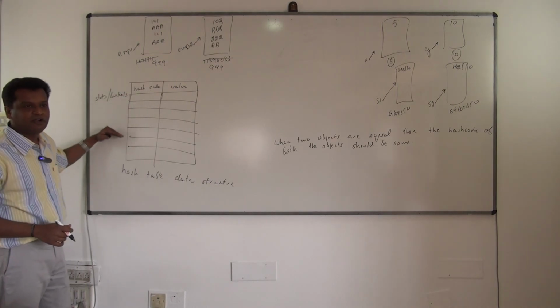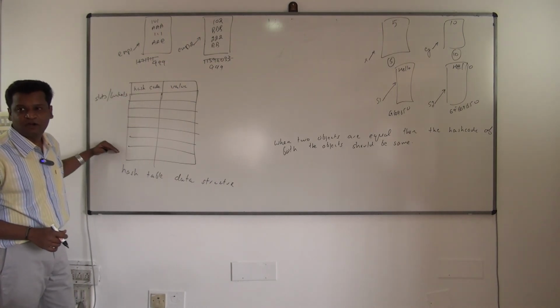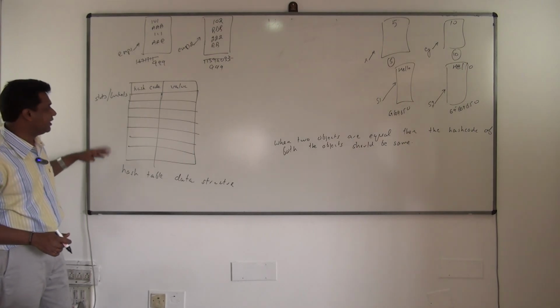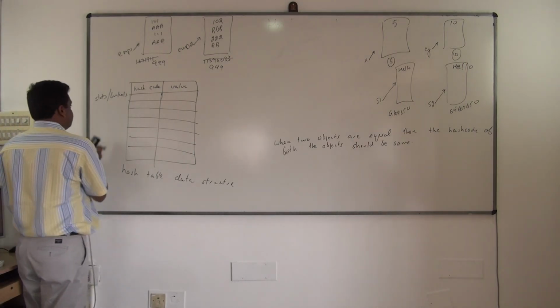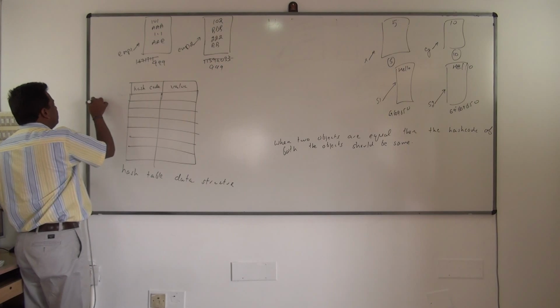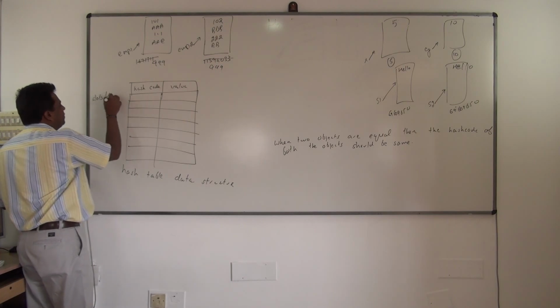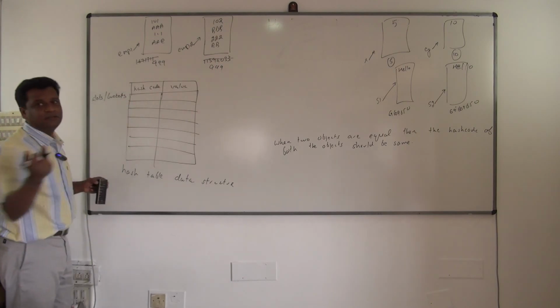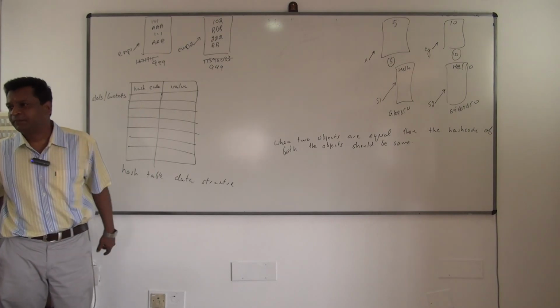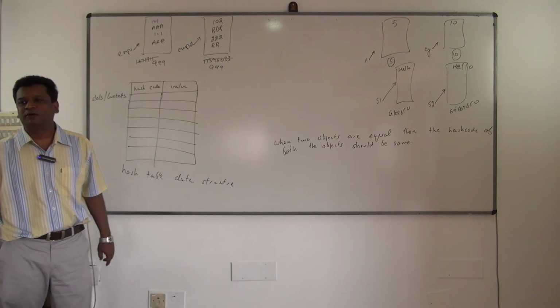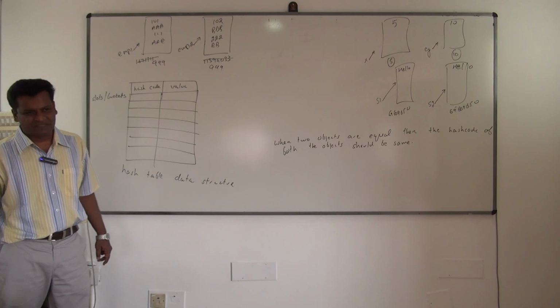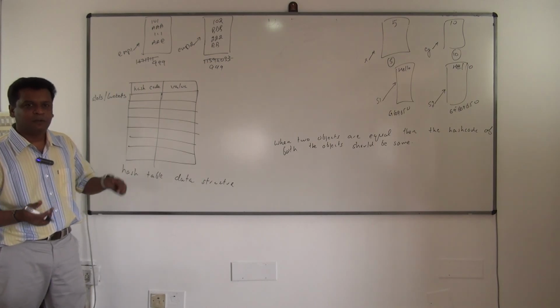Each partition is called either a slot or a bucket, you can use any word. That's the terminology used when they discuss the hashing technique. In an array we talk about index, in a linked list and tree we talk about nodes. Same way they have got some terminology here, slots or buckets.